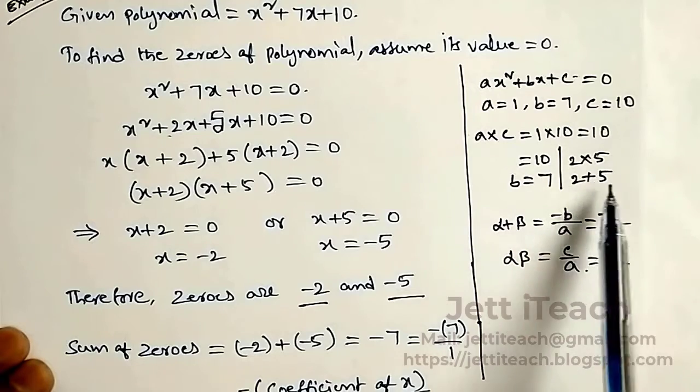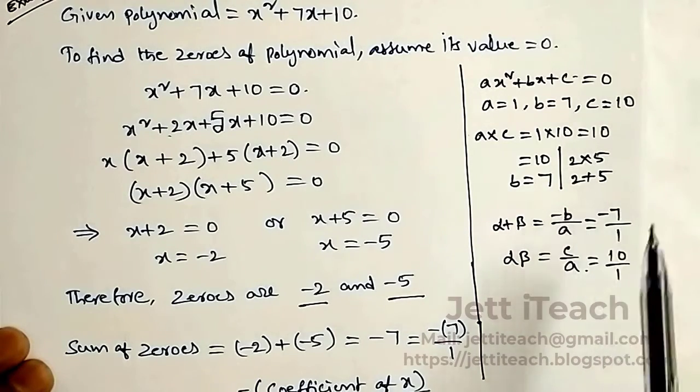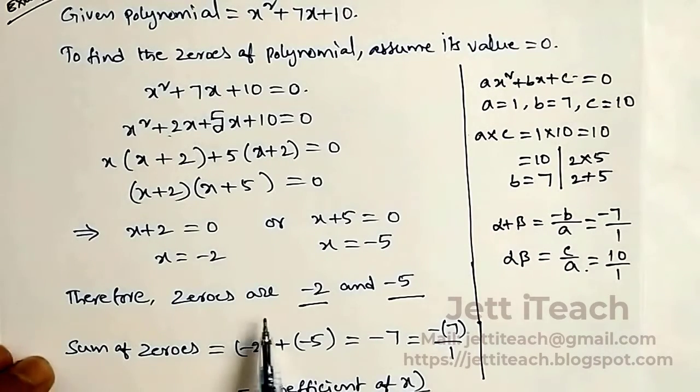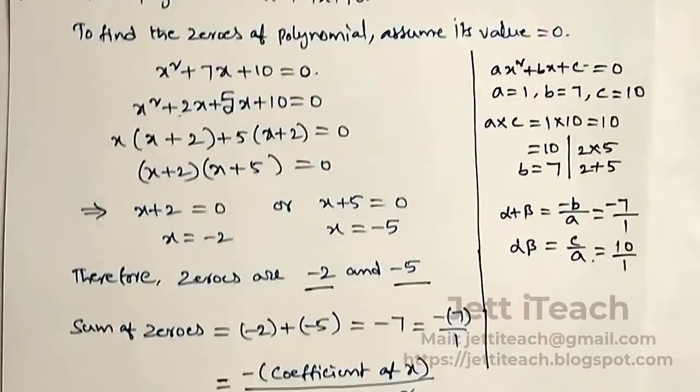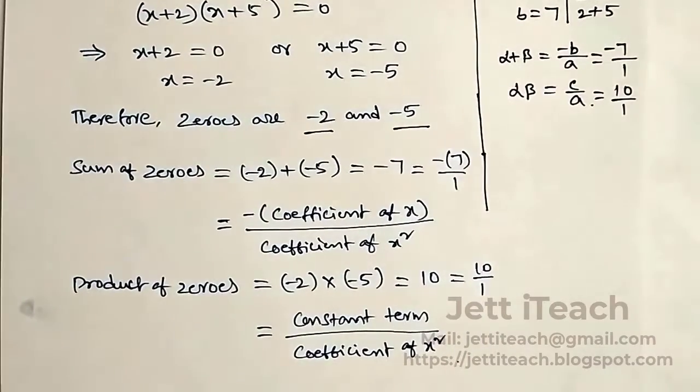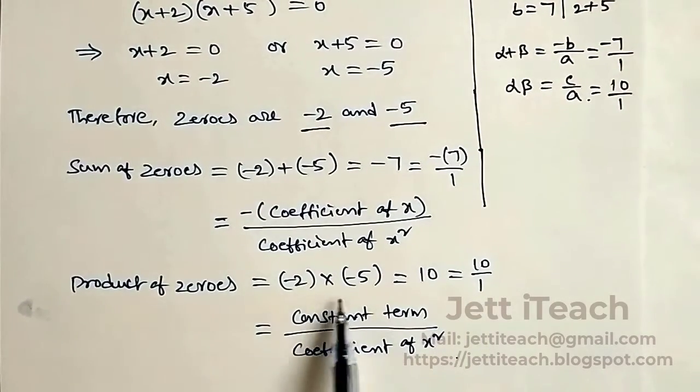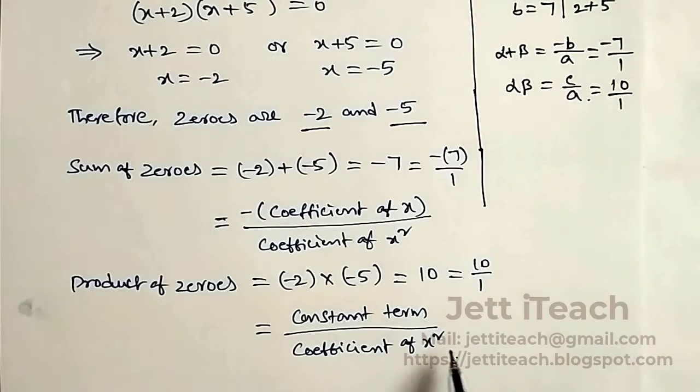I explained how to split it. After that I got the zeros of this polynomial. I found the sum of zeros, which is the same as minus coefficient of x by coefficient of x square. So I wrote product of zeros. It is nothing but constant term by coefficient of x square.